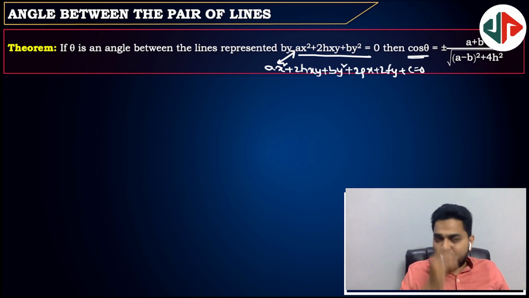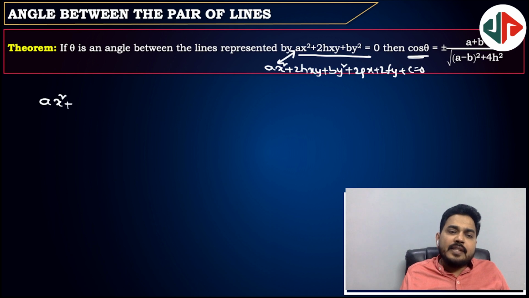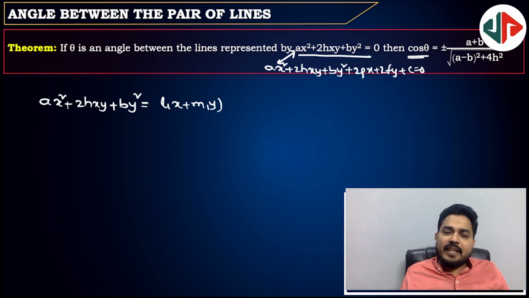So how are we going to deal with it? I'll take ax square plus 2hxy plus by square is equal to (L1x plus m1y)(L2x plus m2y).